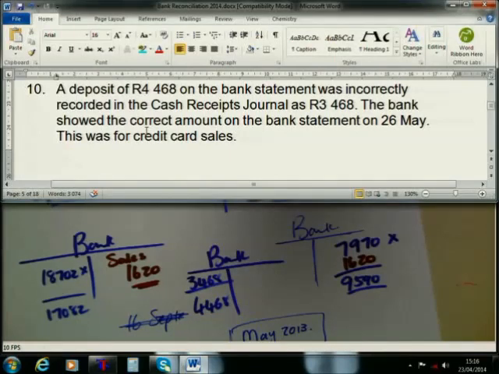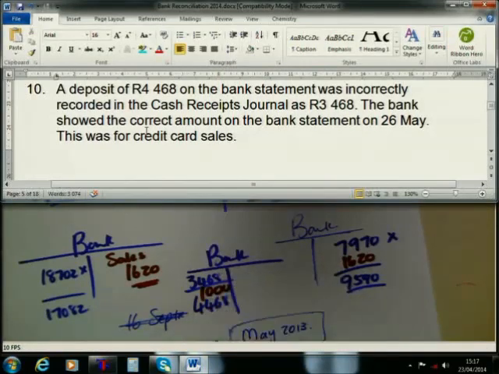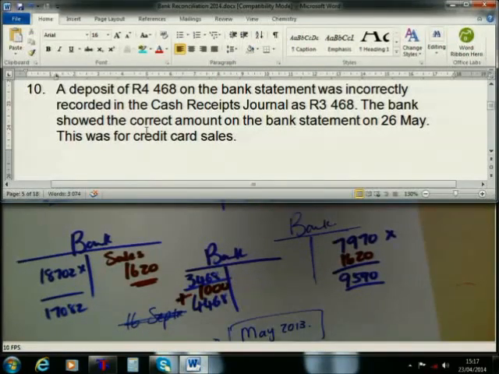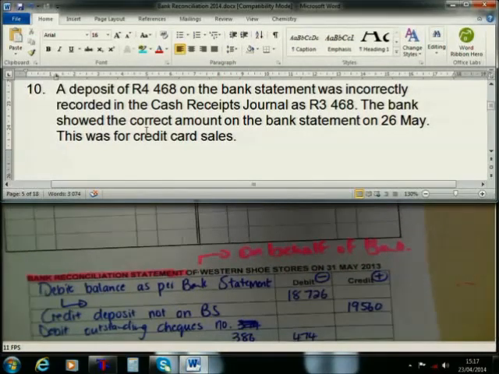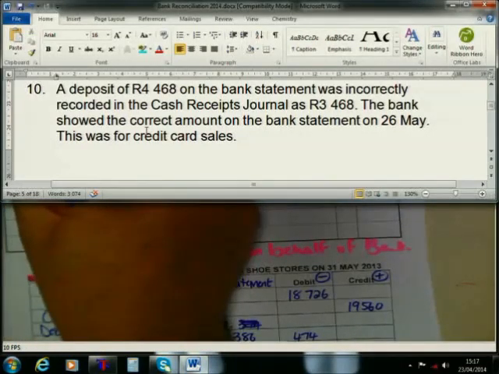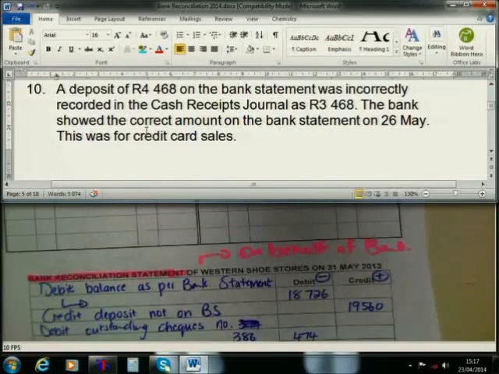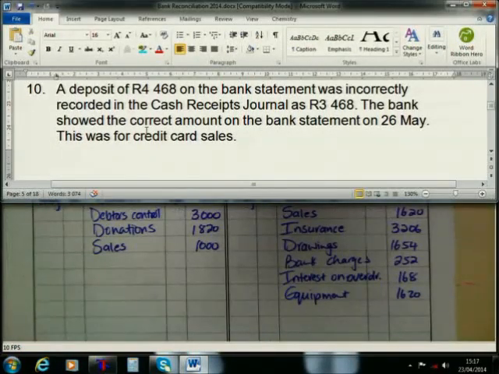The difference is 1,000 Rand. Because we add that amount, we put it in the CRJ. This was for credit card sales, and credit card sales is as good as money. Sales, 1,000 Rand, because it was too little.